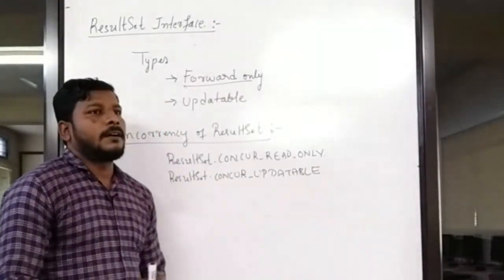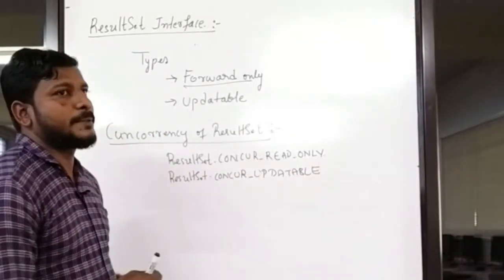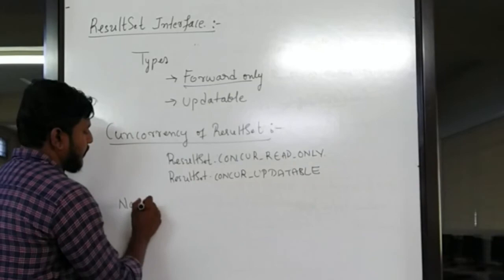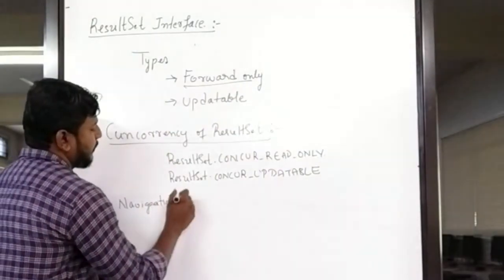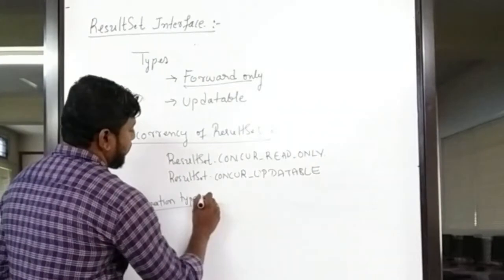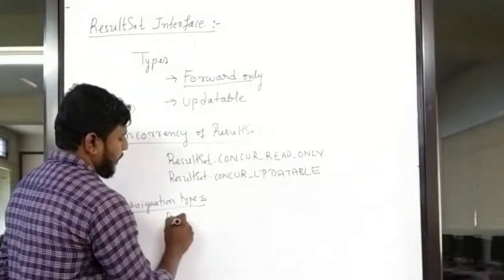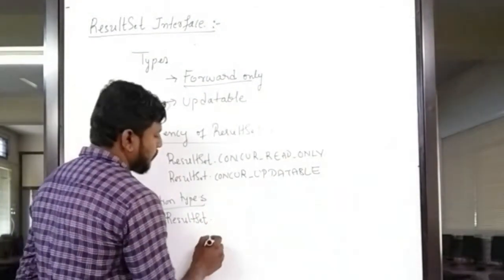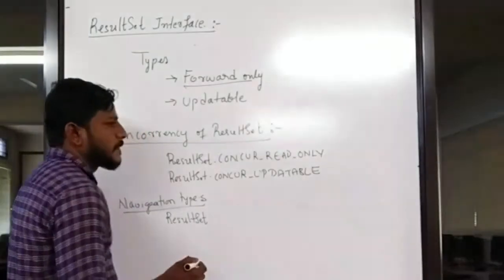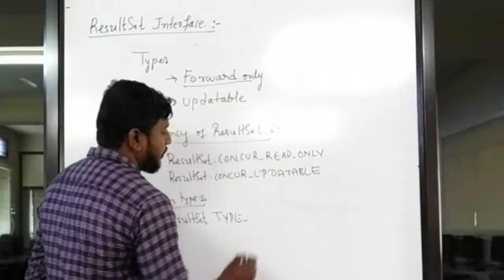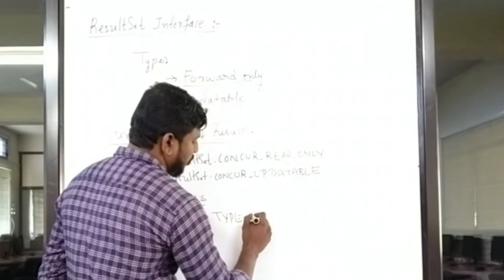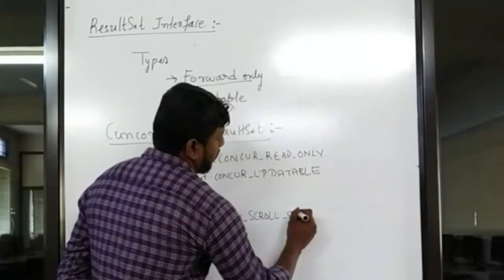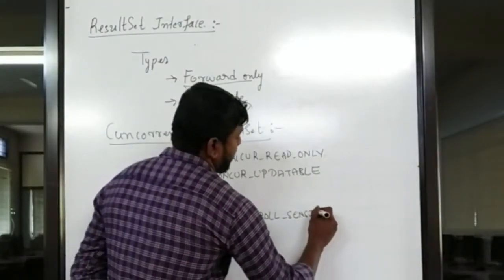Next, you have to specify the navigation types. Navigation types you can specify by three values. One is ResultSet.TYPE_SCROLL_SENSITIVE.